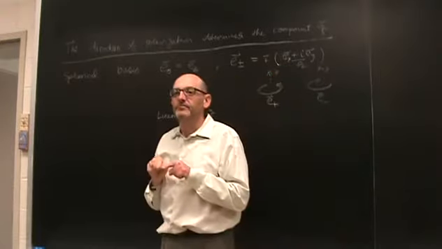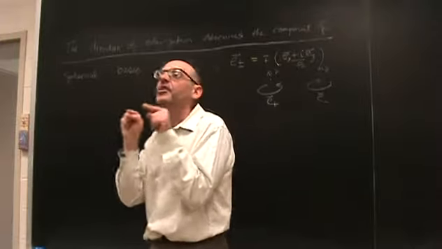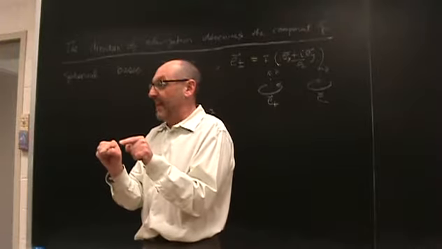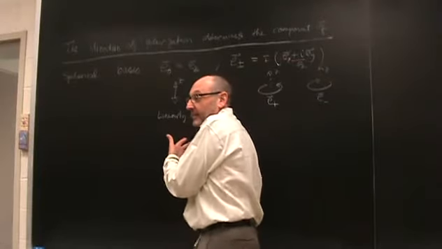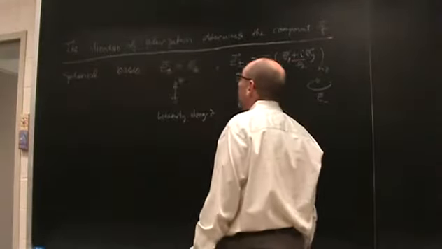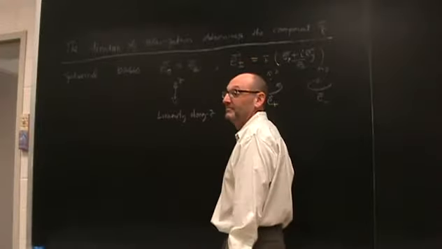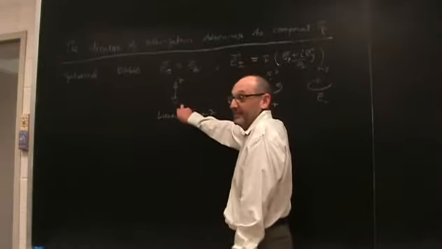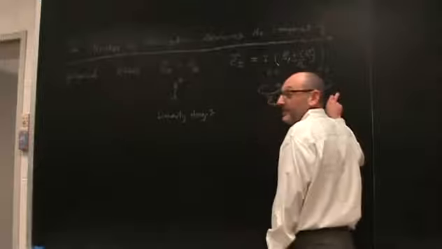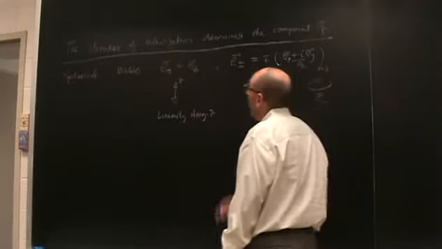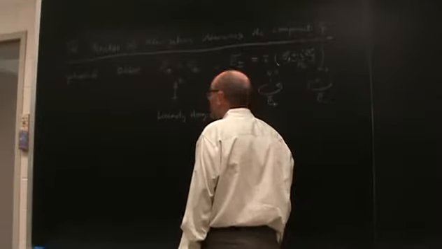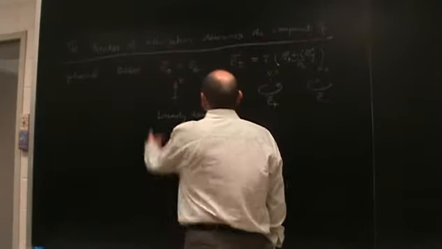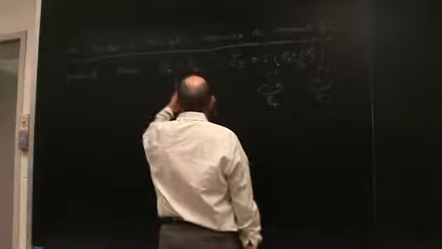Now note, I've said nothing of the direction of k. I didn't say whether k is along z, x, or y. Obviously, if k is along z, I can't have this. I only have these. If k is along x, well, I can have this.